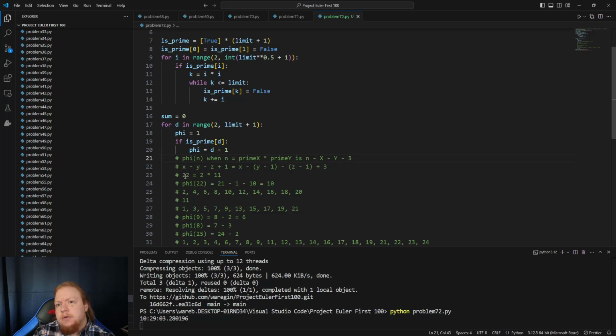Okay. So if I did 22 minus 2 minus 11, then I would have 22 minus 11 is 11, minus 2 is 9. I'm not sure where we're getting plus 1 instead of minus 3.